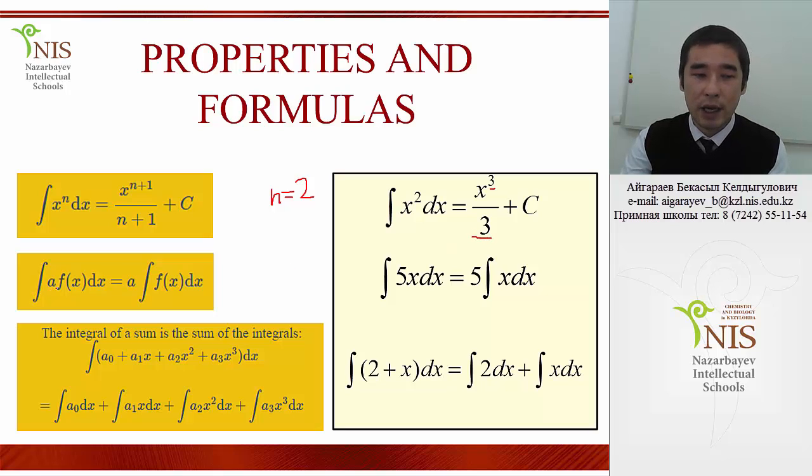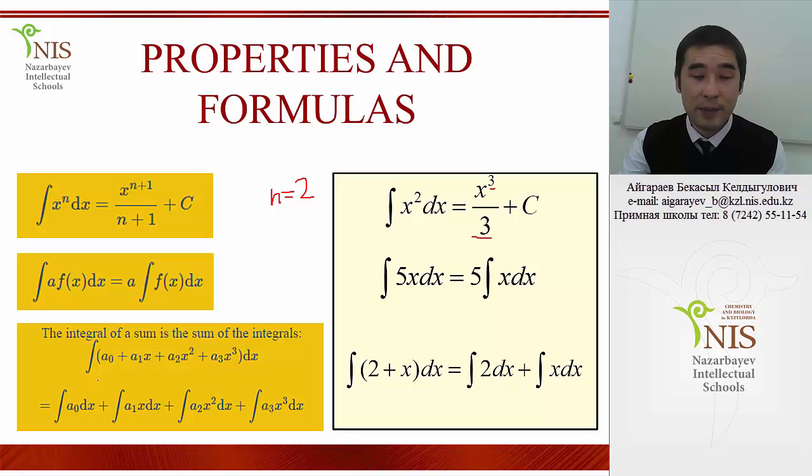And when we integrate a function multiplied by a constant number, we can take this constant number out of the integration sign. For example, with 5x, if we integrate, we can take out 5 and integrate the rest. The integral of a sum is the sum of the integrals.